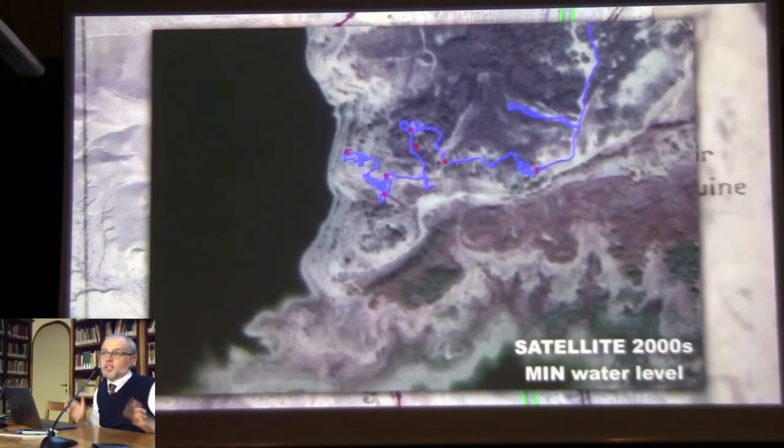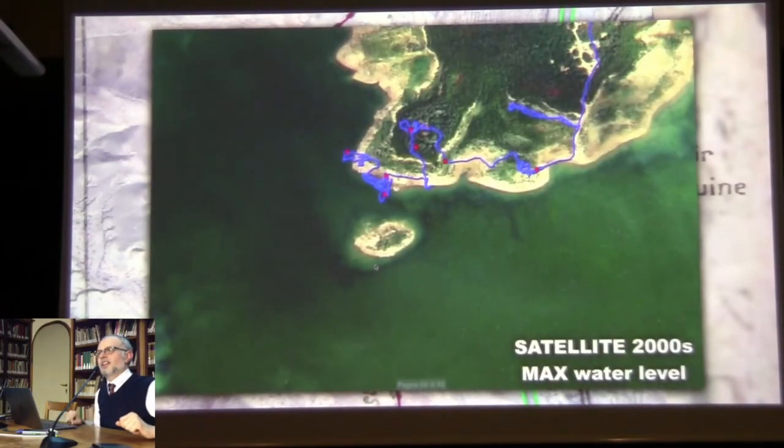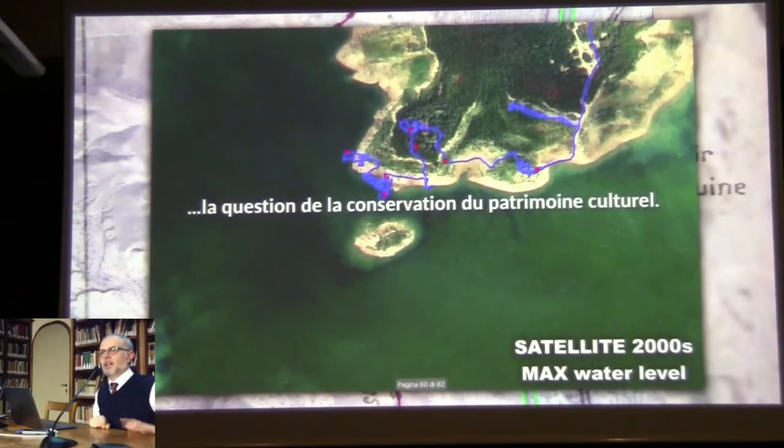This is the lowest I found in the history of Google Earth, so much is exposed. And this is the highest. In the highest case, the inscription went underwater. So again, the issue of conservation of historical heritage.